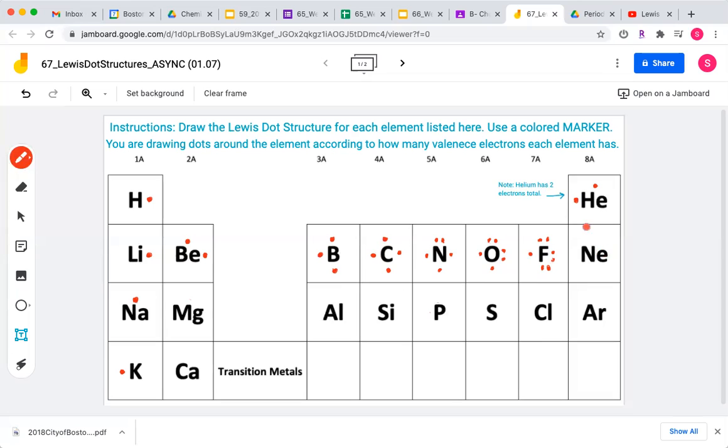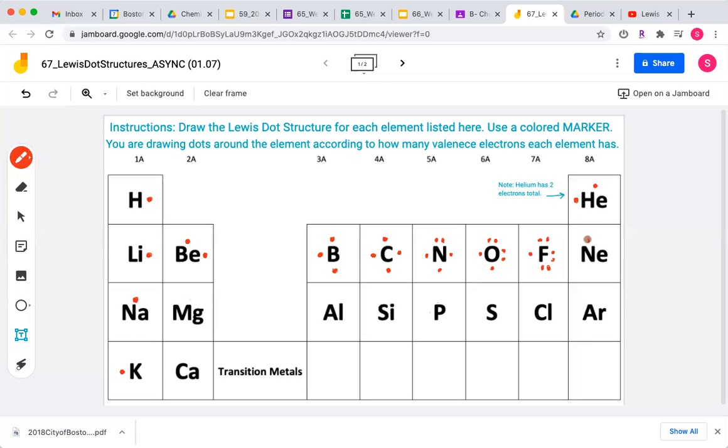And then let's do neon. Neon has 8. And notice that the helium I already did for you guys. And helium, even though it's in group 8A, only has 2 electrons total. So I just drew 2 dots on helium to represent the 2 electrons. Neon should have 8.